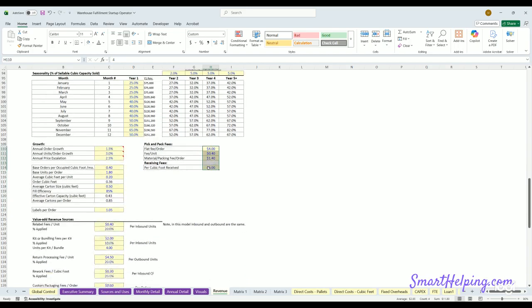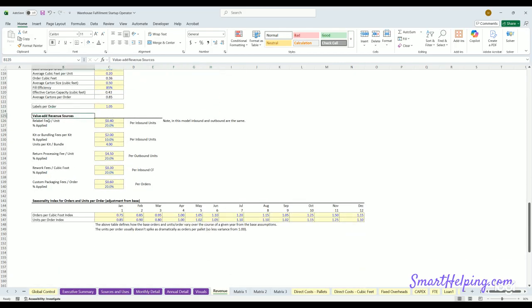And that way it's a little bit different, this one, but these are pretty much the same as the other version. Value-added services, we have fees per inbound units, per inbound cubic foot for rework fee, and per order we have custom packaging. And then we also have a seasonality index here.